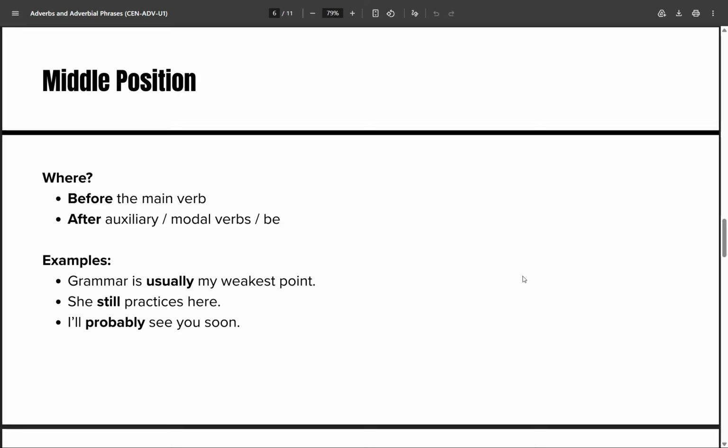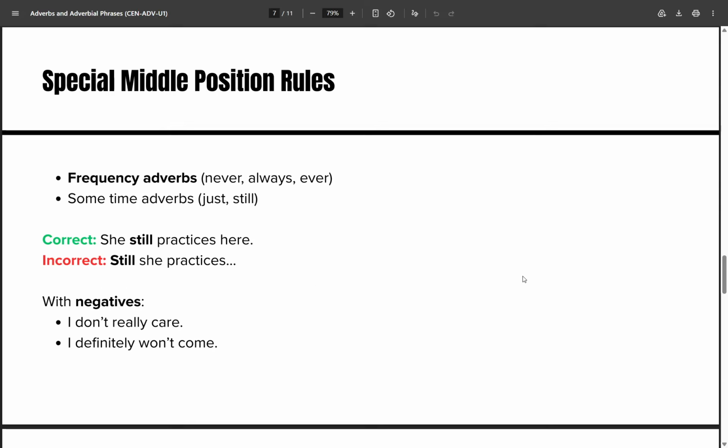Or she still practices here. In here, practices is the main verb, and we put still, the middle adverb, before that. And I'll probably see you soon. The will there is the modal verb, and we put probably, the adverb, after that. Okay, let's move on.